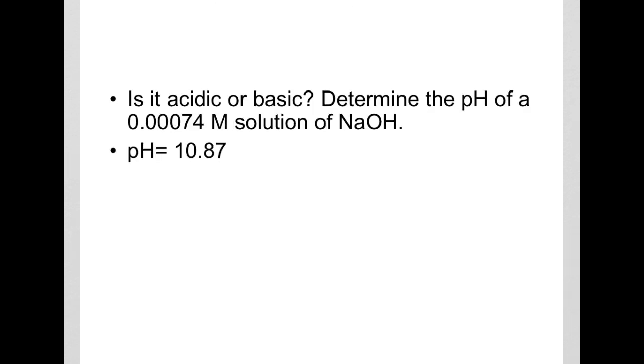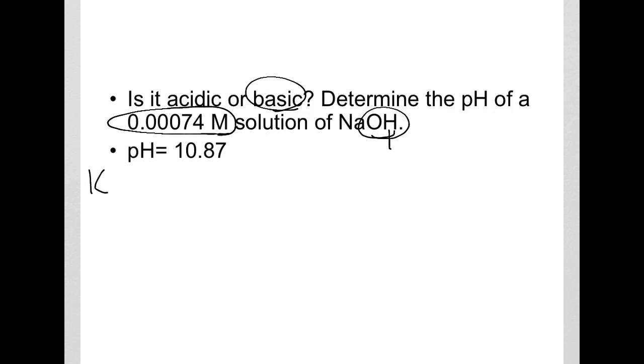Now we have our last one, a molar solution of NaOH. Hopefully you recognize OH being basic, and I'm looking for the pH here. So what I need first is the hydronium concentration. I've got the hydroxide. The hydroxide concentration is that because I only have 1 OH here.